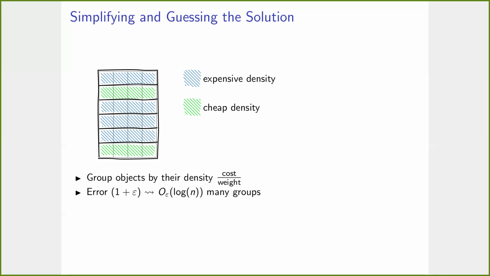And if we round the costs a little bit, we can make it so that there are only log n many different density groups. In this example, let's just say there are two. There are these blue rectangles that are expensive, and there are these green rectangles which are cheap. And we will now focus on the blue rectangles, and later we will do the same for the others.